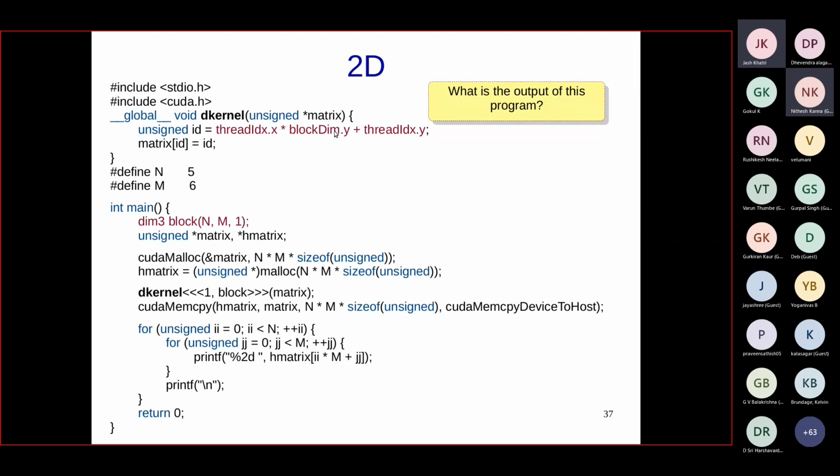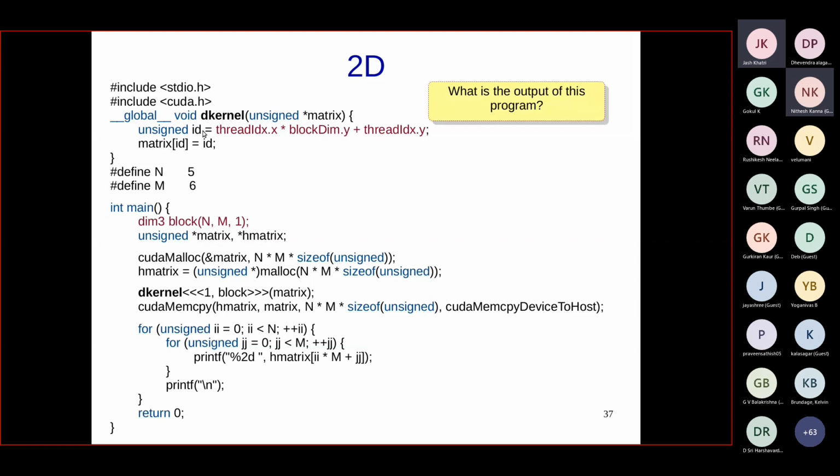So 0 into 6 plus 5 will be 5, and matrix of 5 equals 5 will be initialized. Then from the 7th thread onwards, threadIdx.x will become 1 and threadIdx.y will become 0. So 1 into 6 plus 0 will become 6. So matrix of 6 will be 6, and so on.